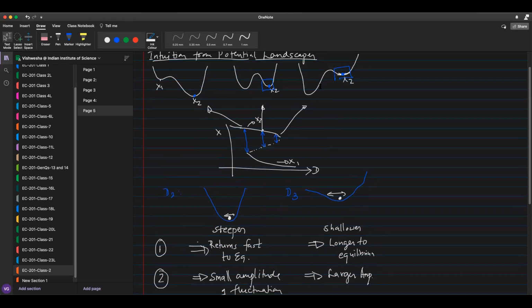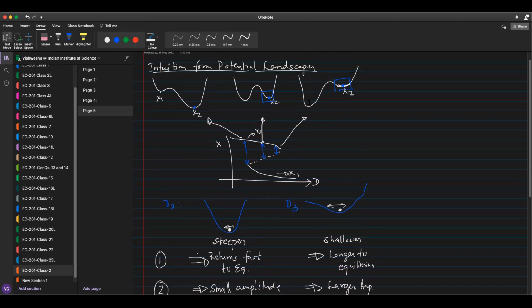For this case, if the amplitude is large enough, it might even get kicked out to the other state. Is that right? That's what somebody said. Let's assume it doesn't get kicked out, but the fluctuations are large. Is there some difference between these two that you see? Maybe the values of u might be different as well. You see, u is something you can't observe. You only observe x.